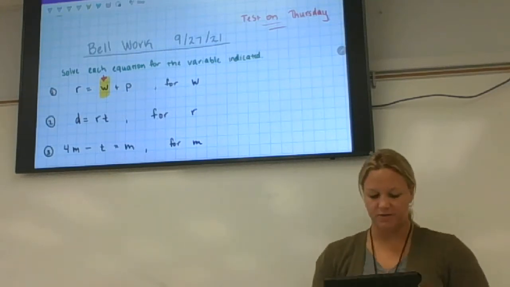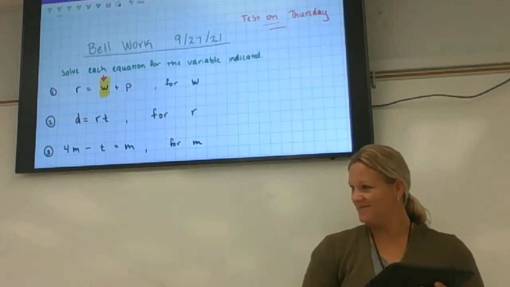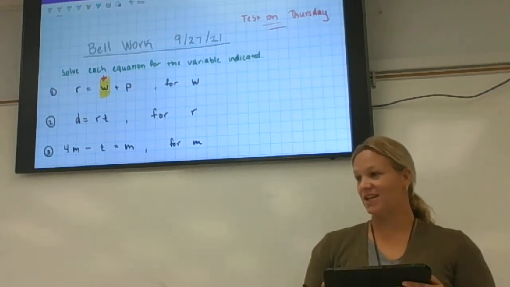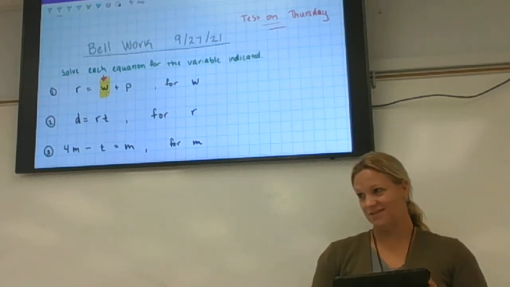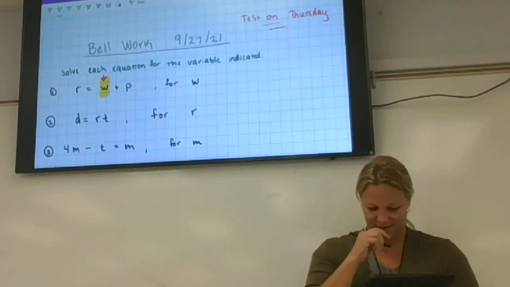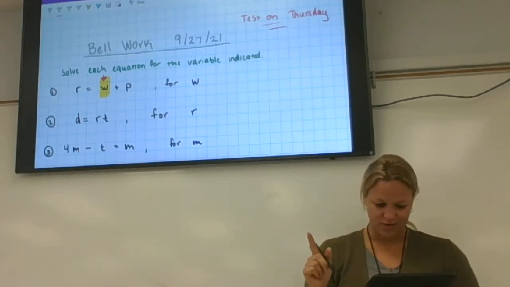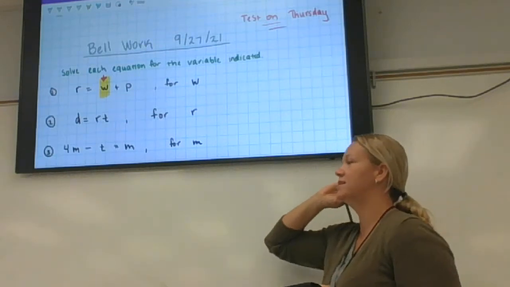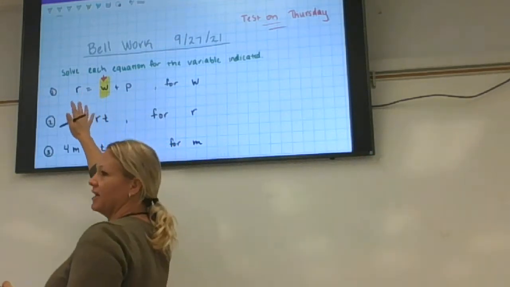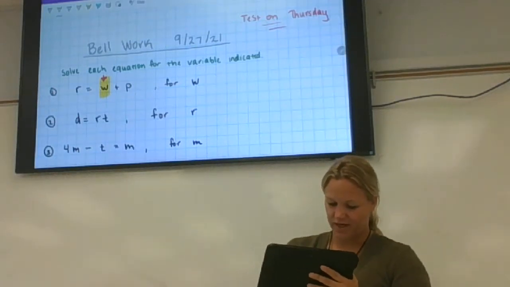I move it around. Will, what'd you do? Let's kick it to Tony. Tony, what'd you do? Anybody. Alicia. So close, so close. What I like about what you said is that the R and the P were on the same side. Do we subtract P from both sides? Right.